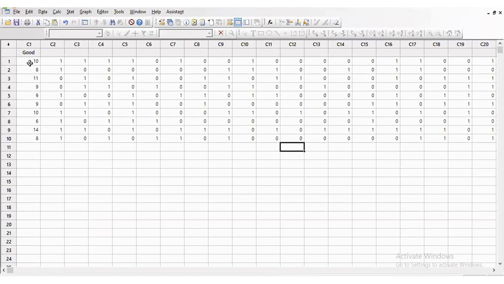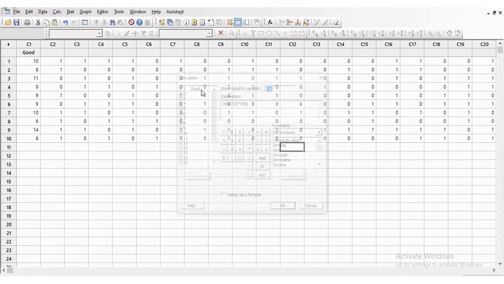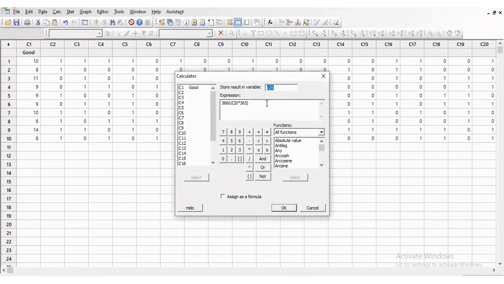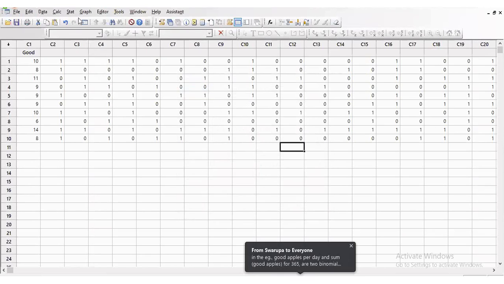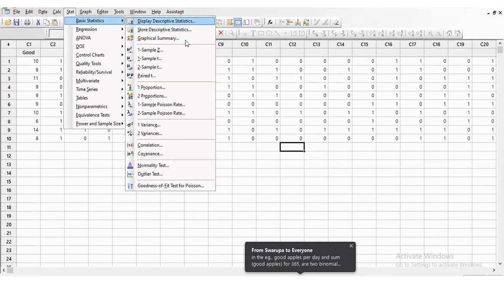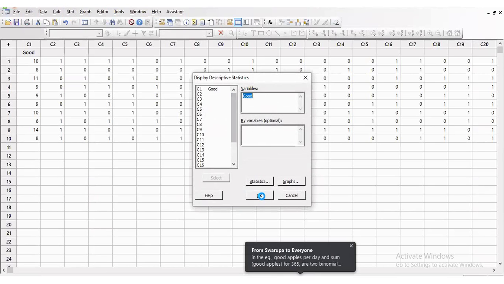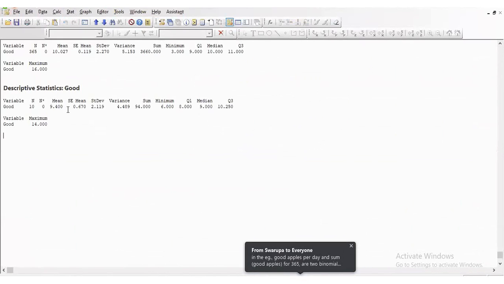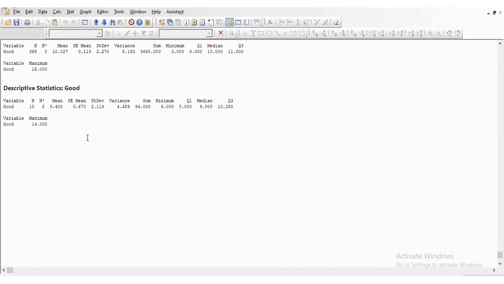How can I do this? I need to take the average of this. Yes or no? Let me go here, calculate the average. How much is the average? It is coming to 10. Luckily, it is matching with the previous one. Let us calculate the P. How much is the P?